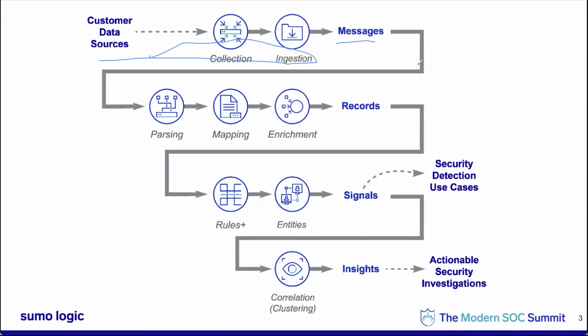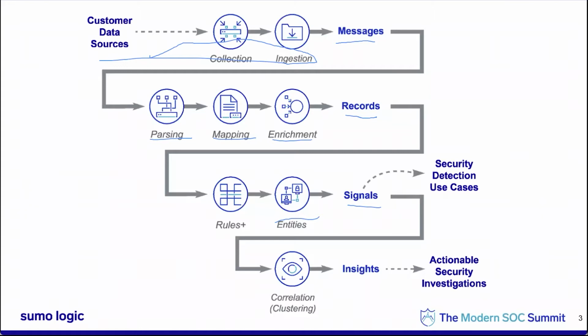So then when you forward your messages into CSE, they're parsed, mapped, and enriched into records, and these records are then compared to rules. And if there's a match between what the rule is looking for and what the record contains, then an entity is extracted, a signal is created, and these signals are security use cases.